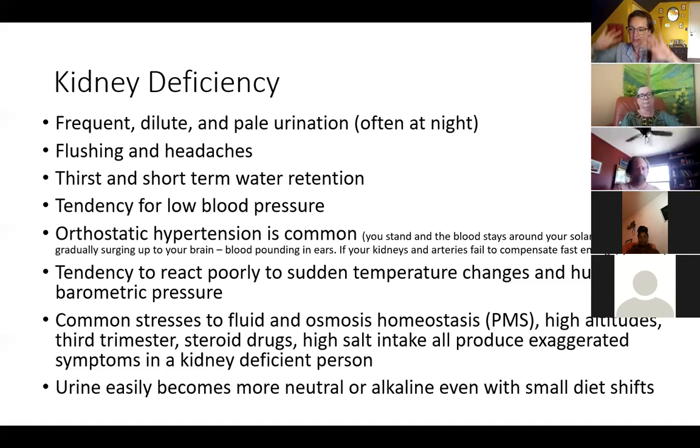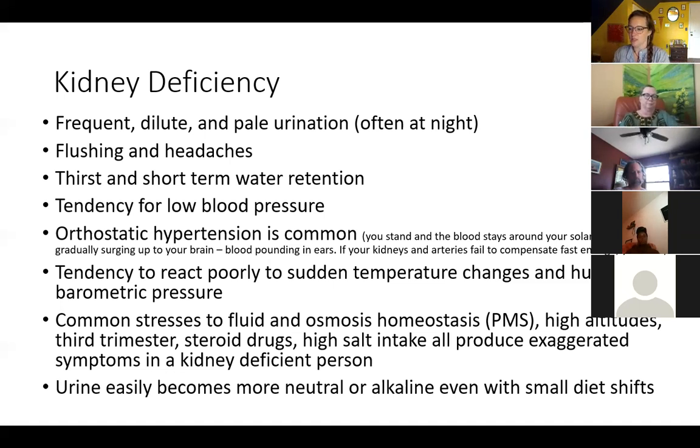So the kidneys, like I said, are like knobs for the water balance in your body. It's those fluids and your capillaries being able to shift and adjust in the homeostasis we were talking about in the kidney metabolism that helps you adjust to things like temperature and pressure. That's why when those things aren't working, the pressure changes in the body just from standing up can be too much.